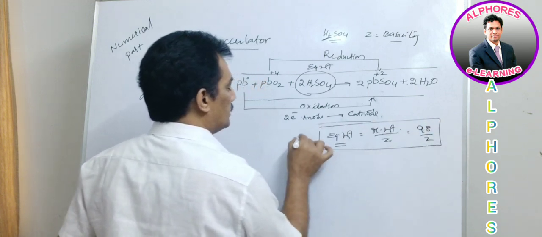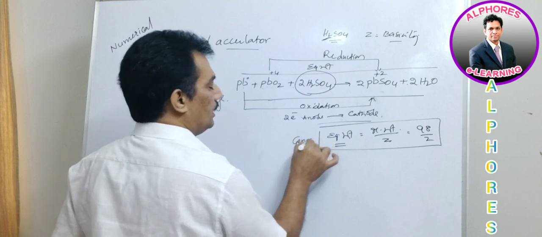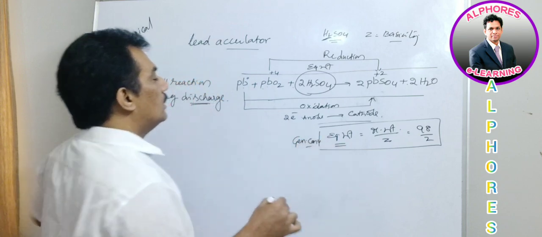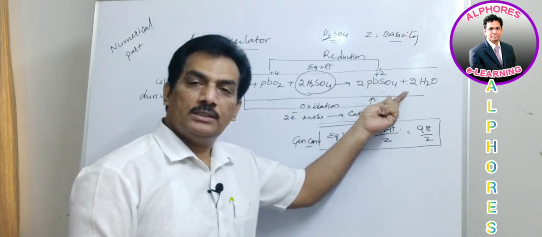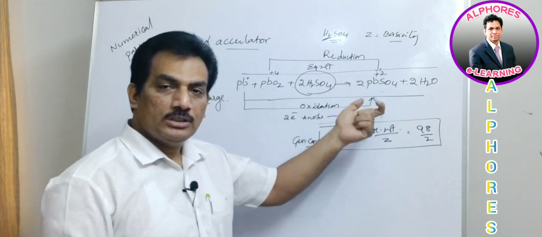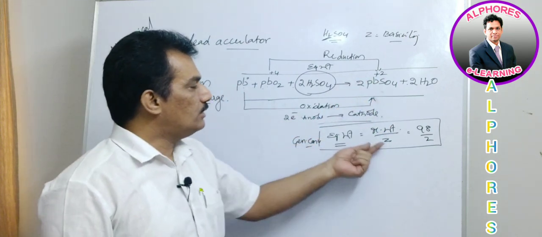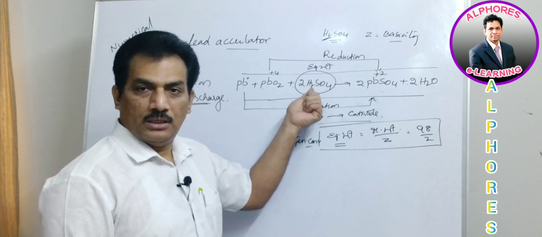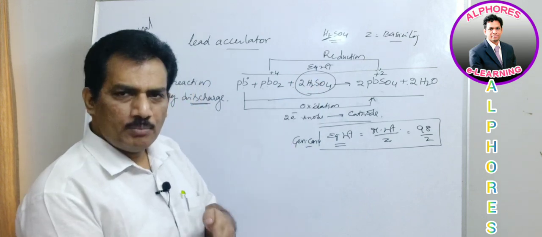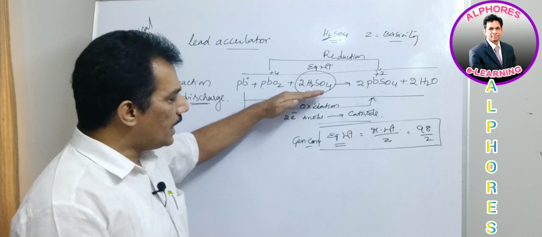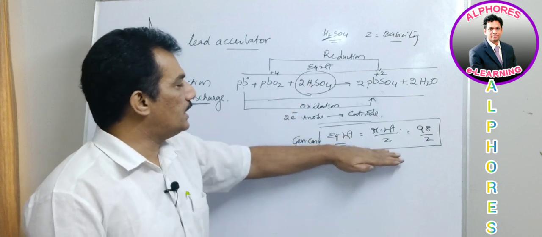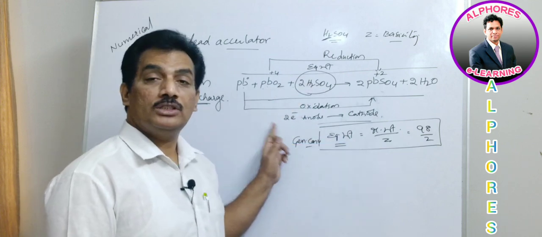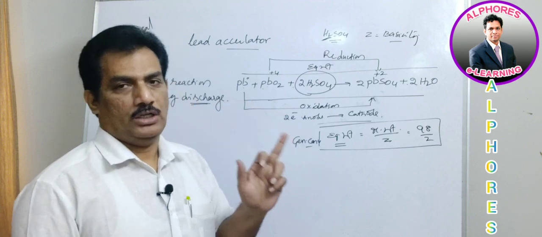This is the general concept. But here it is involved in this particular cell reaction where the factor is decided by the change in oxidation state, not the basicity. In this reaction the factor is decided depending on the number of electrons involved per molecule.